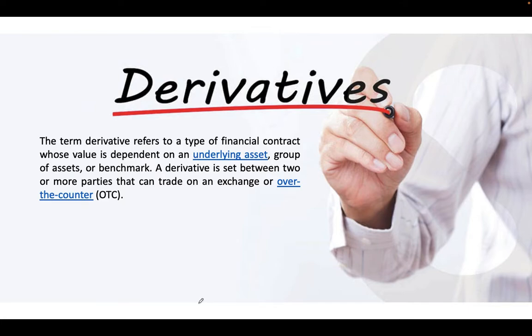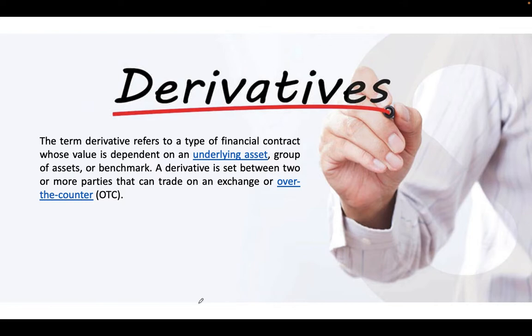So, a derivative is a contract which derives its value from an underlying asset. That is what we call a financial derivative. So, it is a financial instrument which derives its value from an underlying asset, or group of assets, or a benchmark.